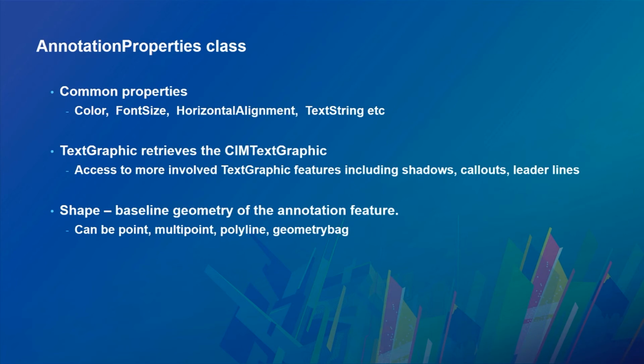We also have a shape property, and this is the shape property that you as a developer are interested in. This is not the polygon shape with the bounding box. This is actually the baseline geometry of the annotation feature.